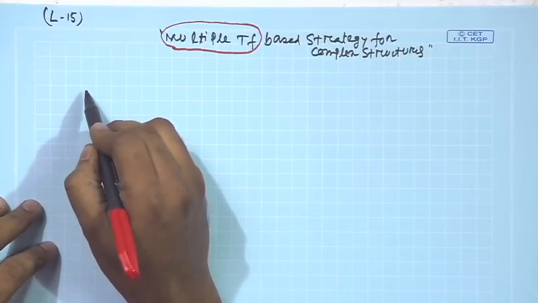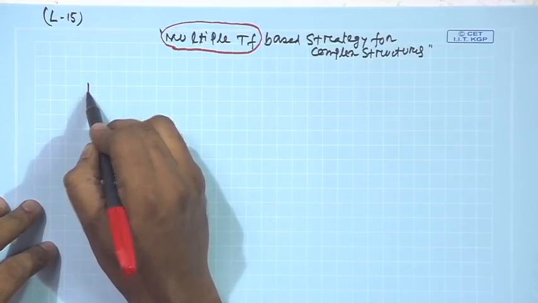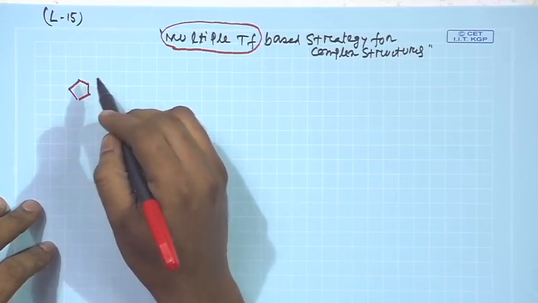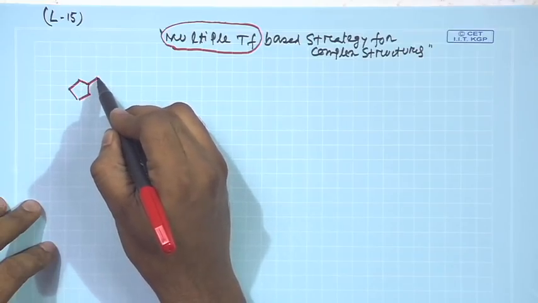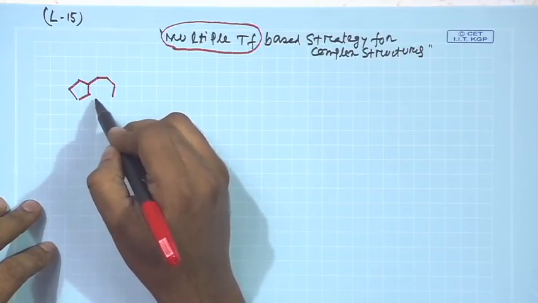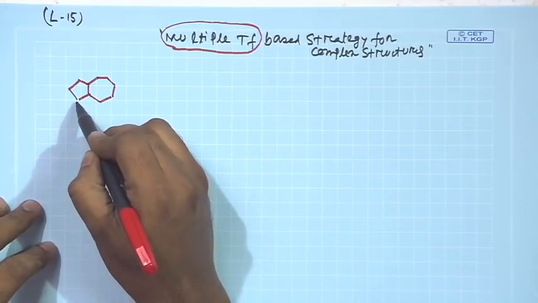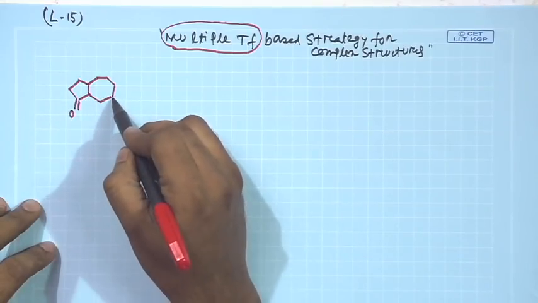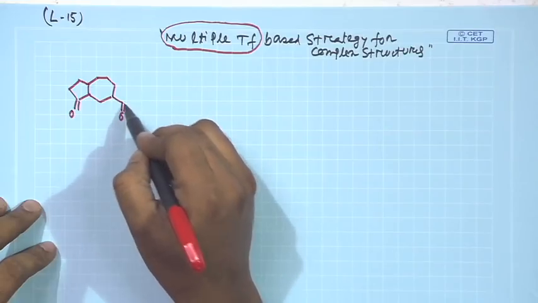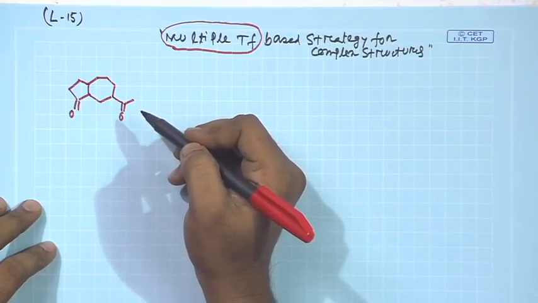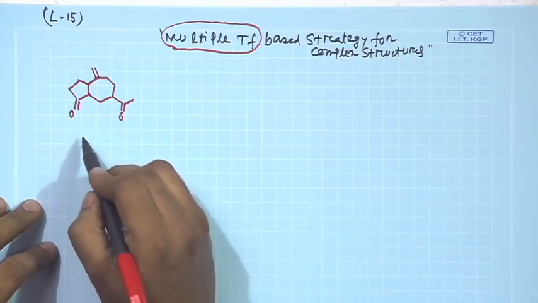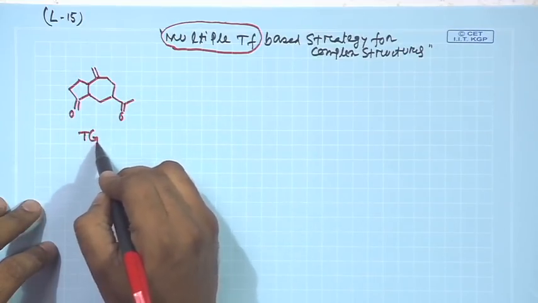The initial target or initial problem which I will be now drawing is based on a 5 member as well as 7 member ring structure. Now, if you see its structure, the structure is having a diketone unit, and one of these ends is having an exocyclic methylene.